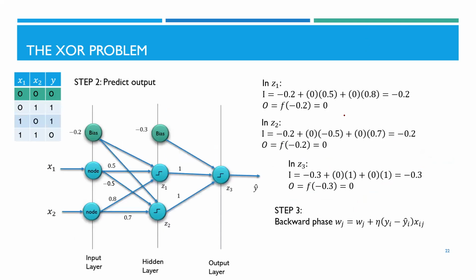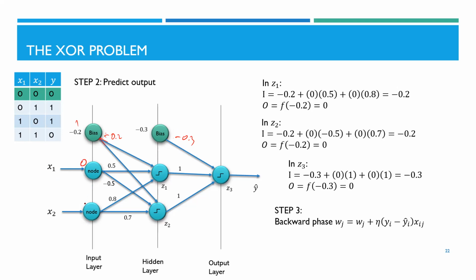So don't worry, for each node, we just do it step by step. This is the first data. The bias is 0. It should be 1, but here is minus 0.2. This is 1 minus 0.3. x1 is 0, x2 is 0.